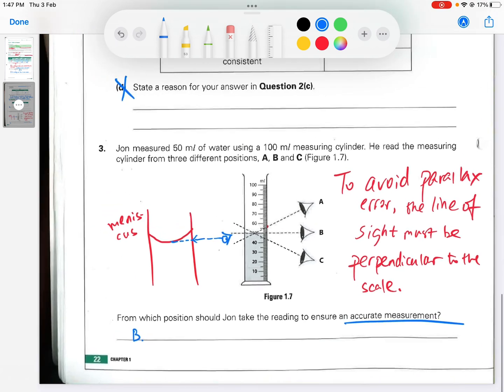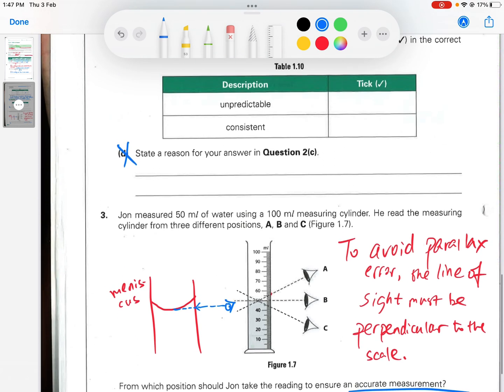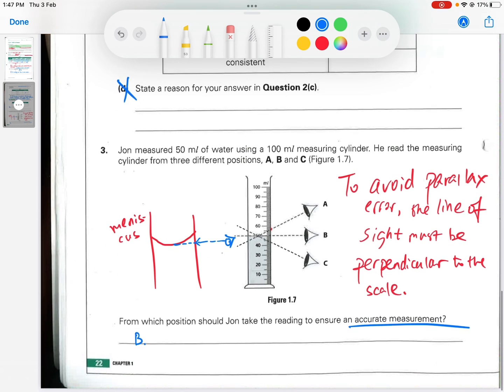Yep. Maybe you write down a sentence here.